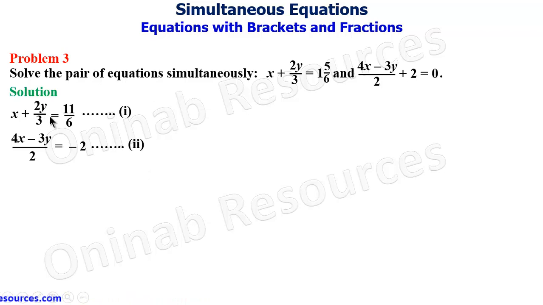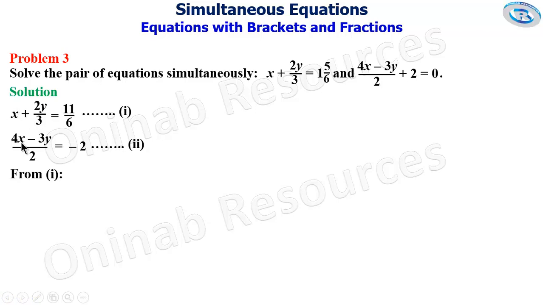So now what we do is to remove fractions from the two equations. So starting from equation 1, the LCM of the denominators, which are 3 and 6, is 6. So we multiply each of the terms of the equation by 6, which is the LCM.